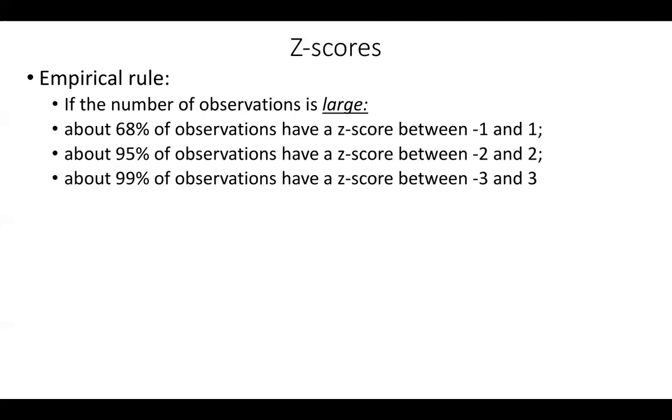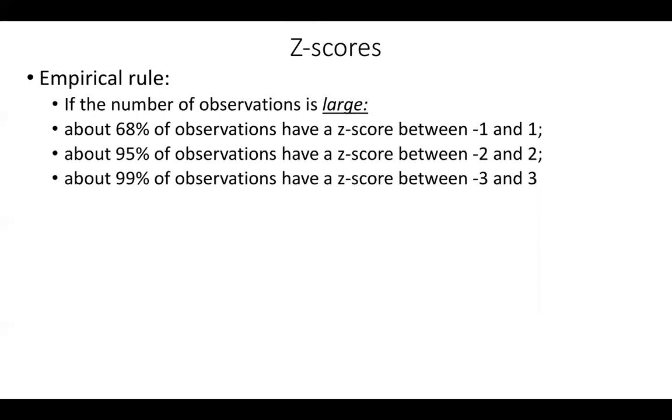So a couple of rules now translate Z-scores into probabilities. Based on the standard normal distribution, if we have a large enough number of observations, so if our sample is sufficiently large, as most samples will be, 68% of all of our observations in this infinite sampling will have a Z-score between plus and minus 1. 95% of our observations will have a Z-score between plus and minus 2.